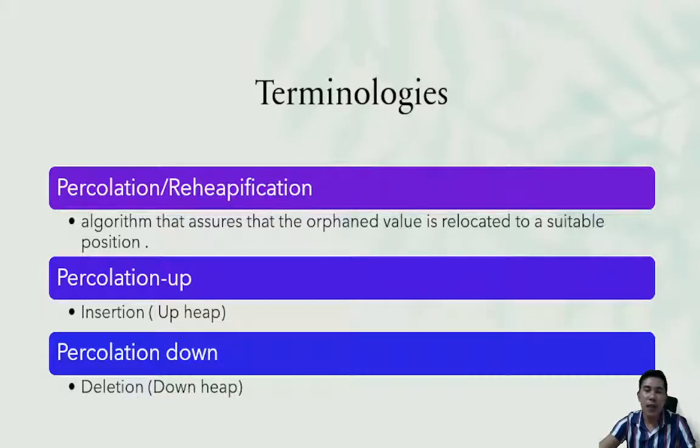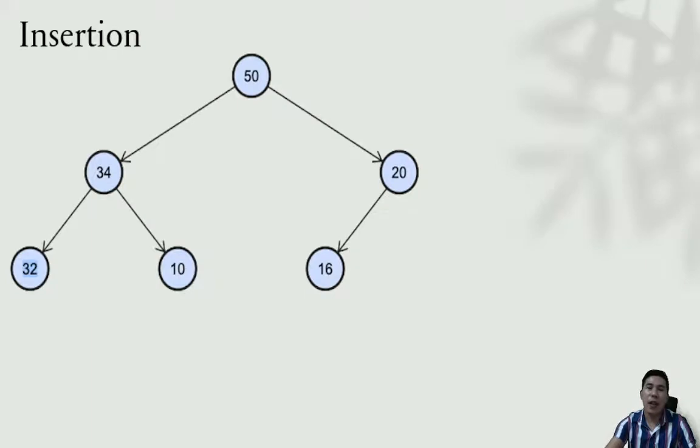So let's now insert a node. How do we insert a node into a binary heap?